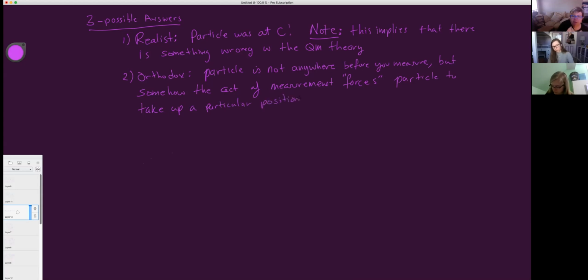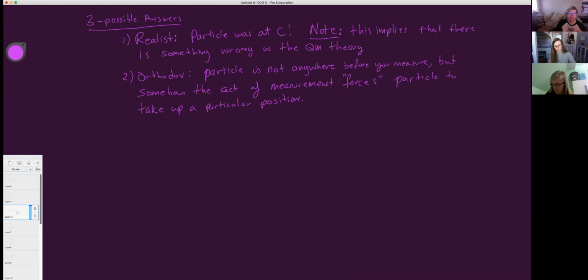In other words, it's not anywhere until you measure it. And then you will get C with probabilities given by that curve that we had on the other layer, right? According to psi squared. Okay.